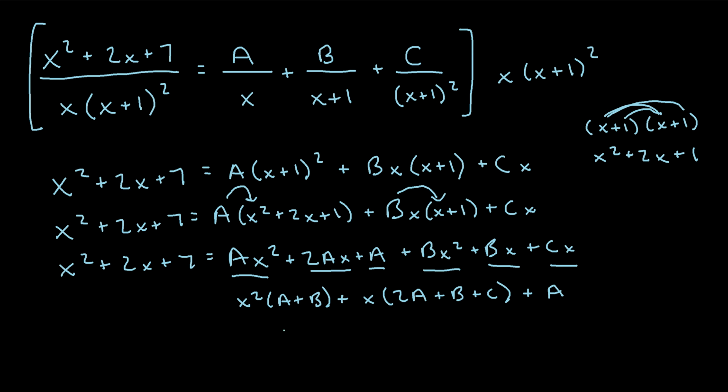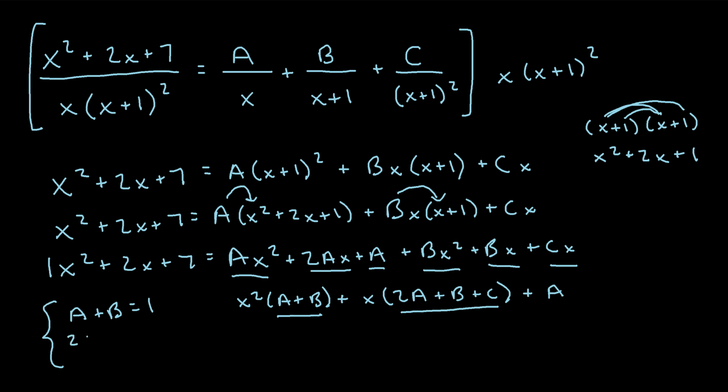All right, so the trick is we want to set this a plus b equal to whatever coefficient matches the x squared on this left-hand side. Well, if we imagine this coefficient is just a 1, we would have, let's write it like this, a plus b is equal to 1. And then if we set this 2a plus b plus c equal to whatever the coefficient is for the x on the left-hand side, we can see that's a 2.